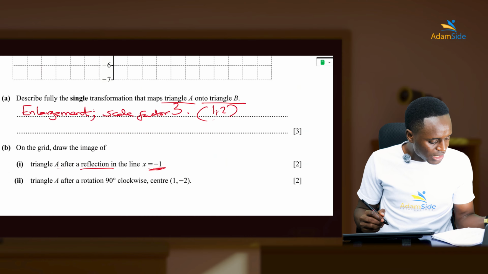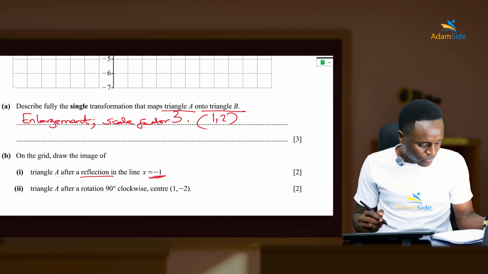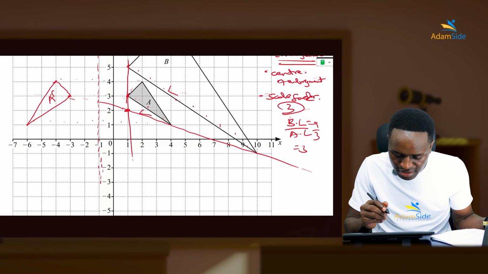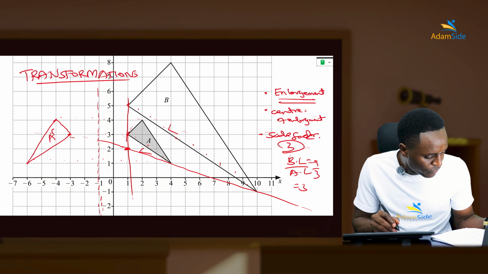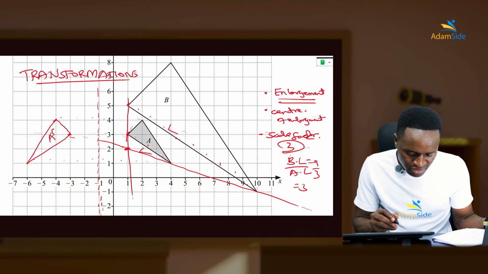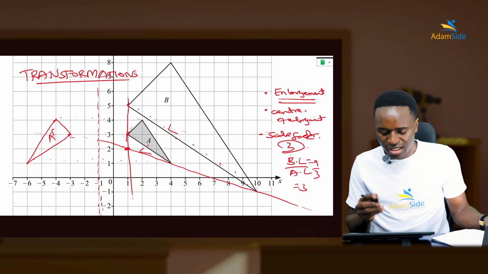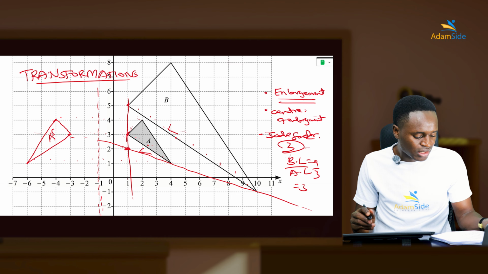So the points will be at -3, 3. Correct. And then we'll have -6, 1. And then we'll have -4, 4. This will be the image after reflection in the line x = -1.